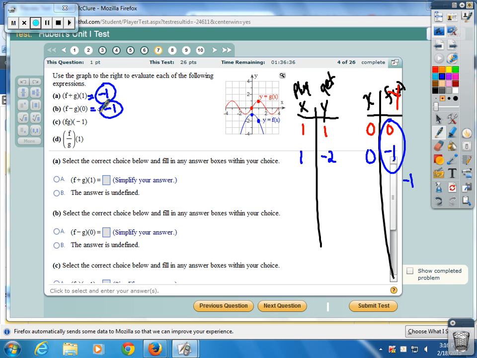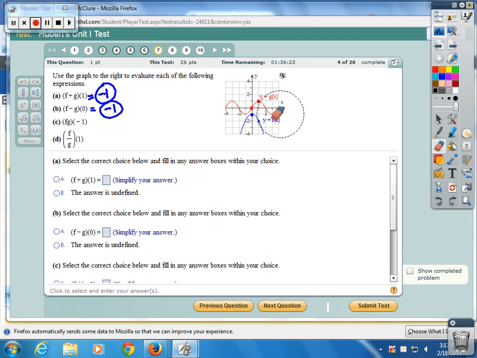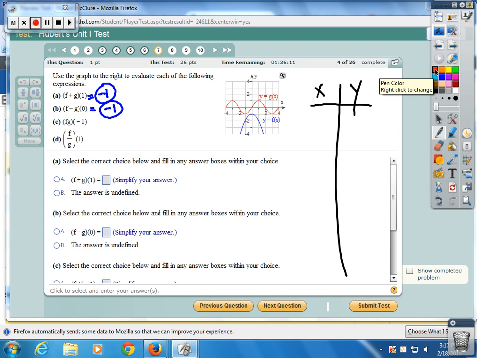Alright, you try the next one. Try C. C, we're looking at negative 1 here and negative 1 here.